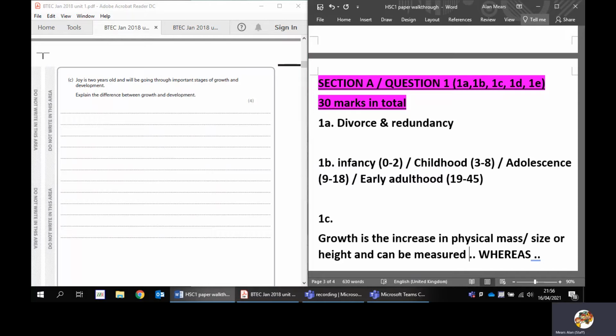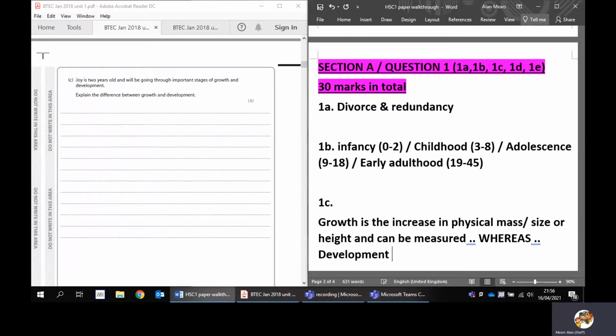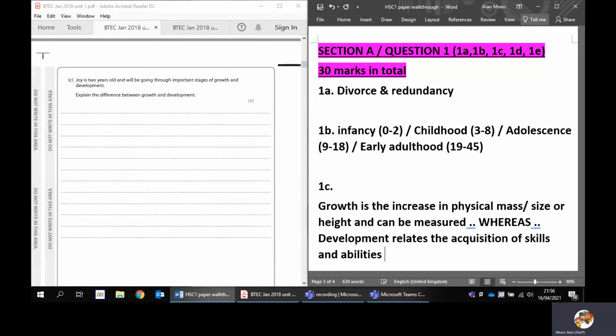We'll leave it there. Whereas development relates to the acquisition of skills and abilities. Walking, running, jumping.